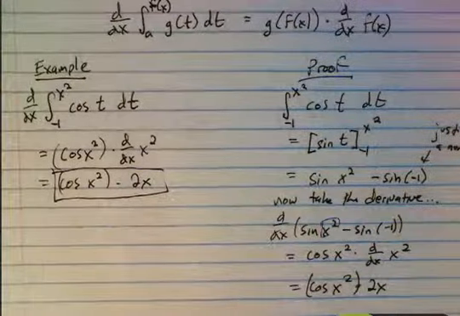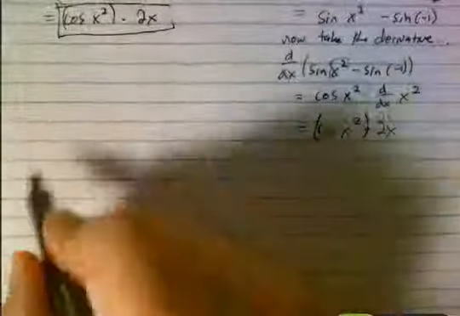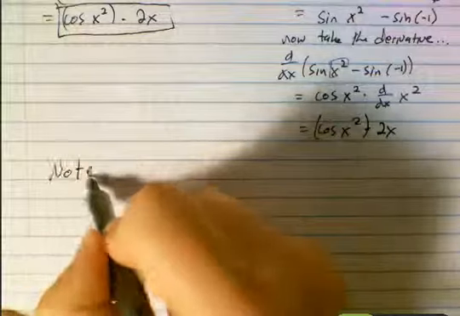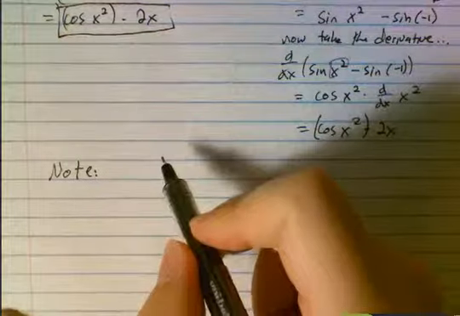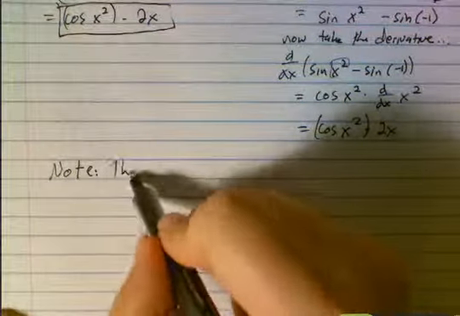One thing to note with all this is that the chain rule piece is going to be multiplied by everything.